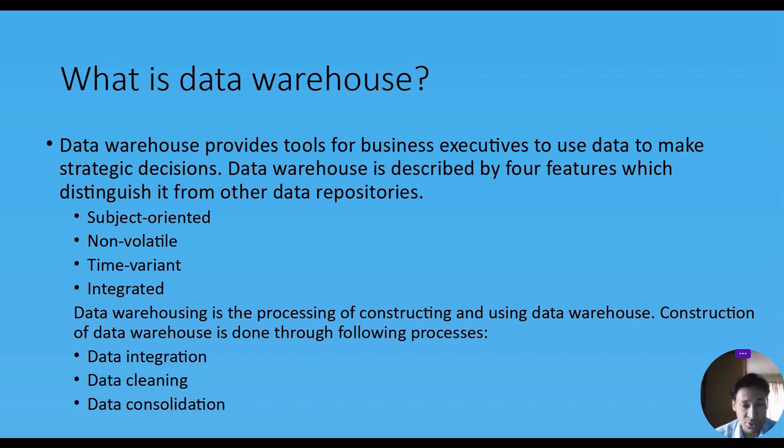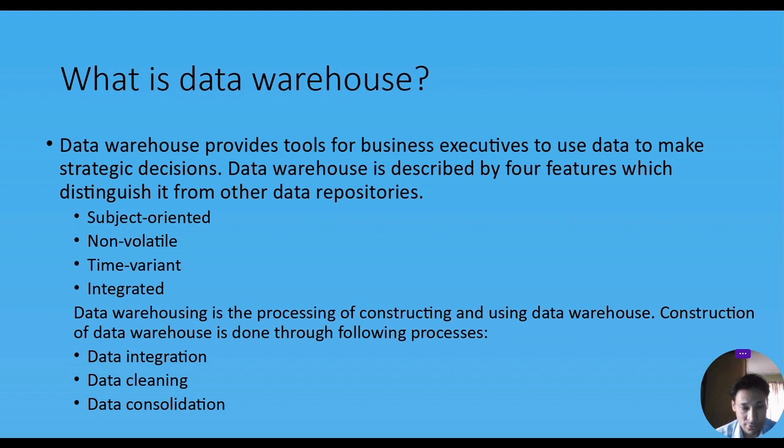Data warehousing is the process of constructing and using data warehouse. Construction of data warehouse is done through the following processes: data integration, data cleaning, data consolidation. Data from several sources are brought and stored within the data warehouse.